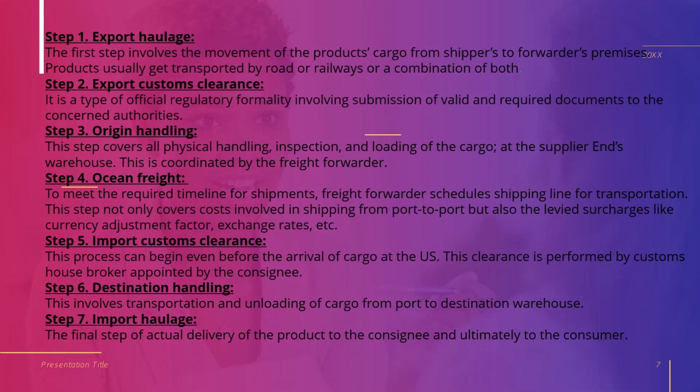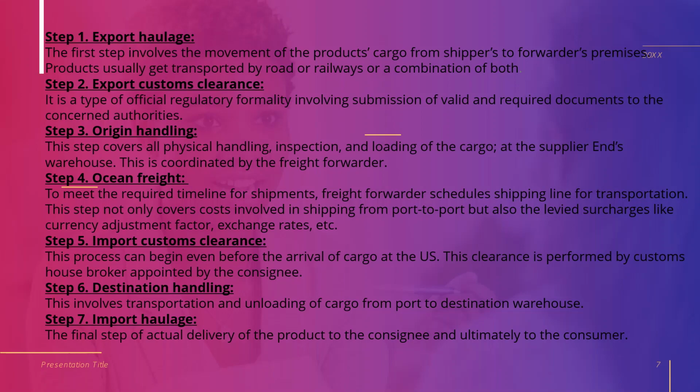This involves transportation and unloading of the cargo from the port of destination to the warehouse. Import haulage means the final step of actual delivery of the product to the consignee and ultimately to the consumer.